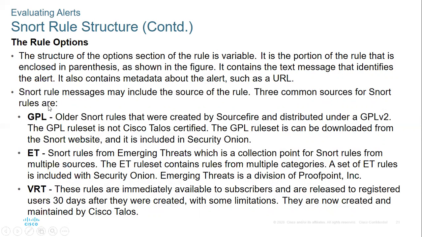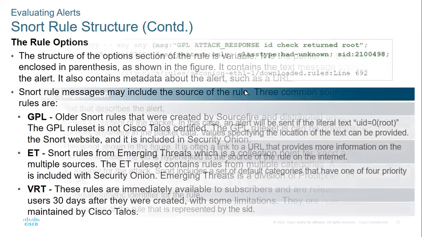So the sources of the new rules are GPL, ET, which is Emerging Threats, as well as VRT. So these are the sources which come up with new rules that Snort has to upload.